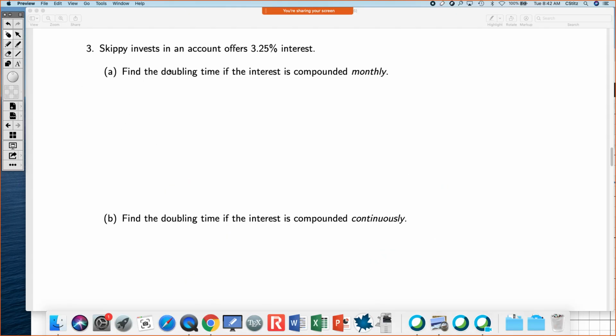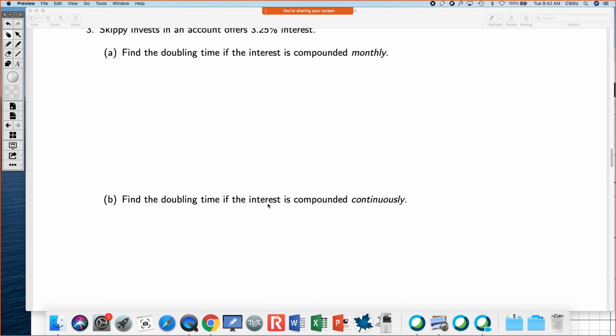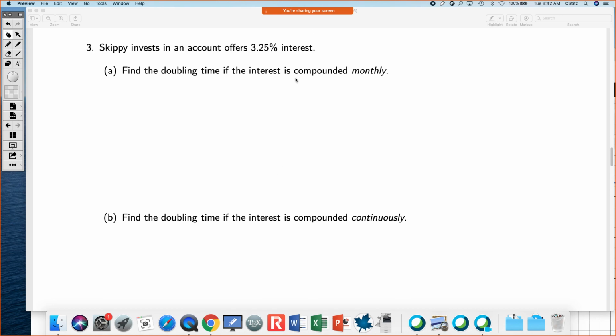So here you're basically comparing doubling times if you compound the interest monthly versus compounding the interest continuously. Now, what would you expect? The more times you compound, the faster you should get to that 200%. So if you think about your investments, the shorter the doubling time, the better, right?